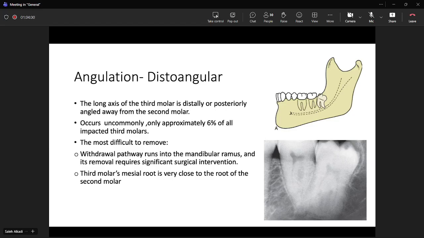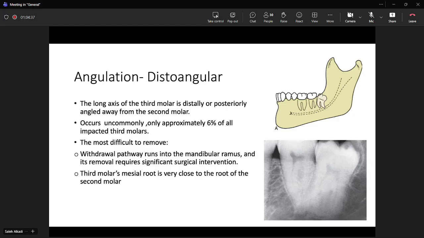So the order here: the easiest to remove is the mesioangular, then the horizontal, then the vertical, then the distoangular. The reason the distoangular is the most difficult to remove is that the withdrawal pathway of that tooth runs into the mandibular ramus, so you need to remove more bone from the ramus in order to get this tooth out.